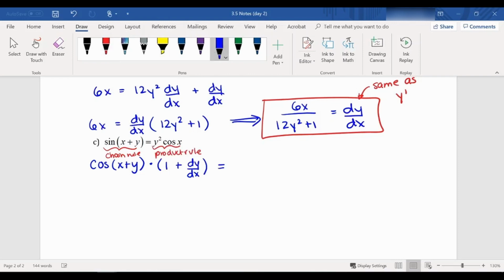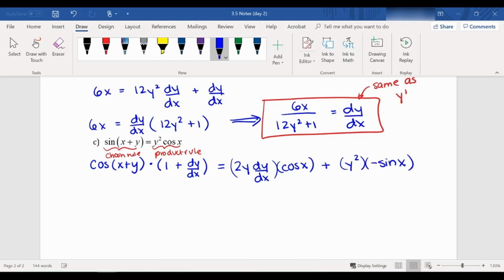Because the y squared and the cosine x are different functions, technically, that are being multiplied together. So the derivative of y squared would be 2y dy dx times cosine x, the original function, plus keeping the first function times the derivative of the second function.